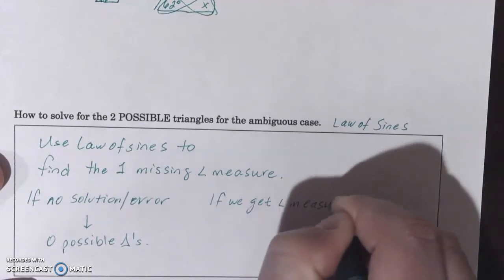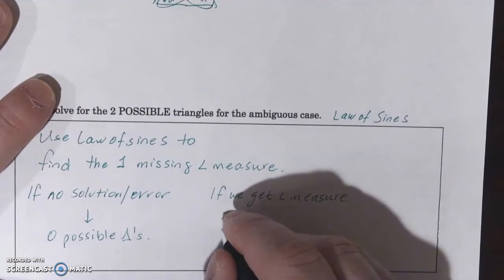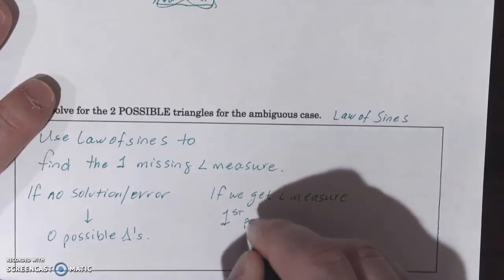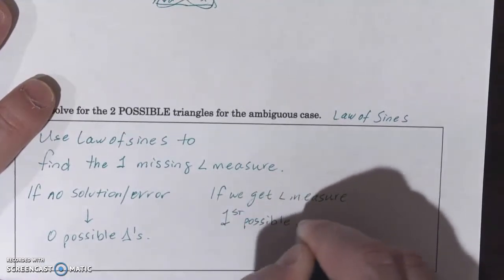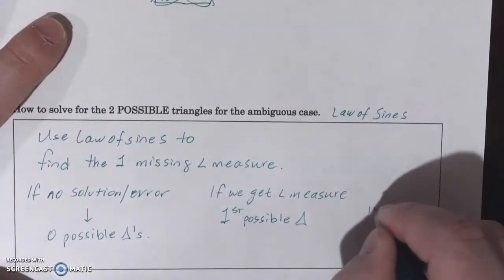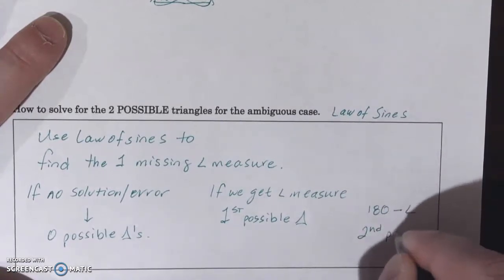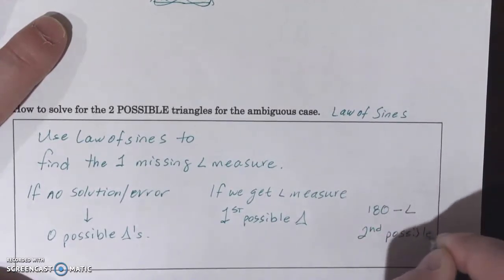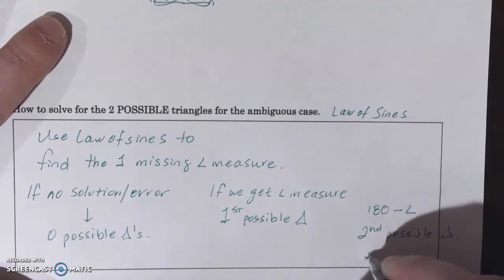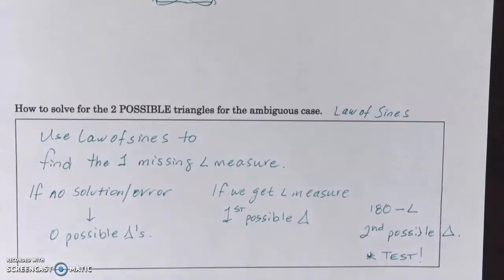If we do get an angle measure, that is going to be in our first possible triangle. And then what we need to do is 180 minus that angle is going to be our second possible triangle, and we need to test it. I'm going to talk to you about what that means in a second.